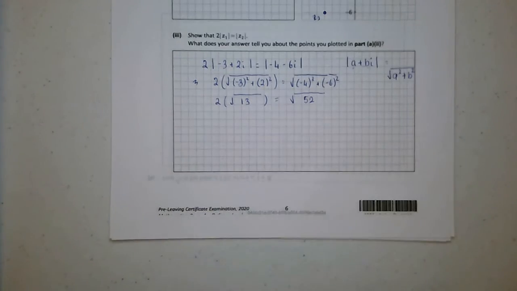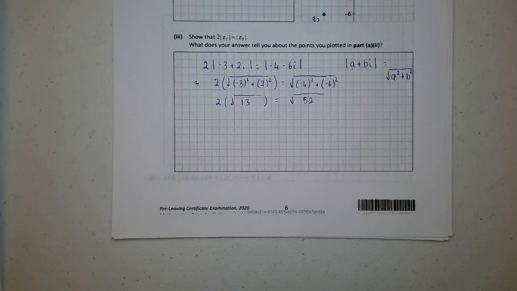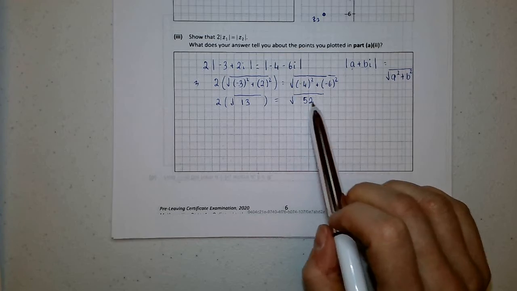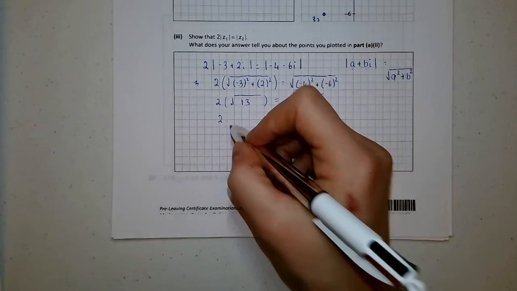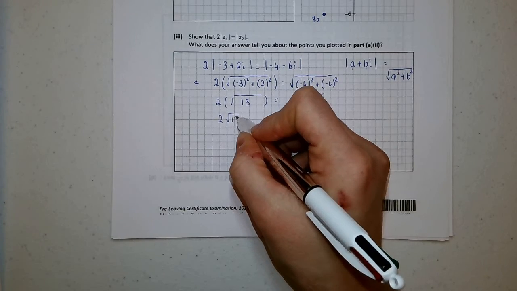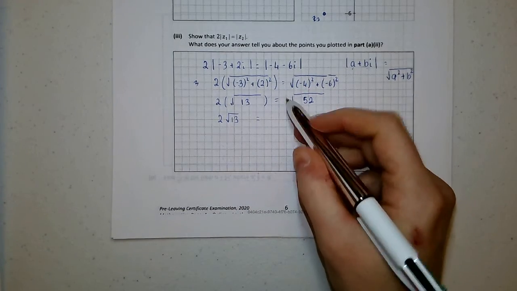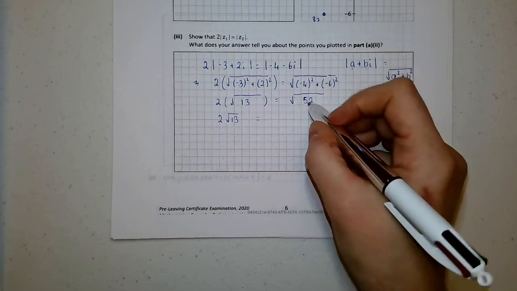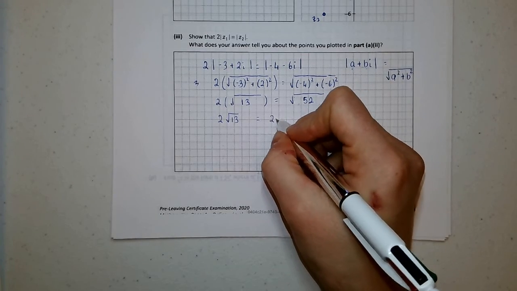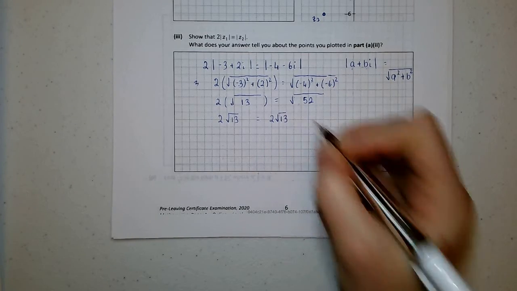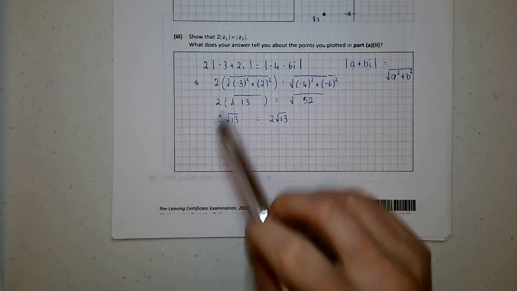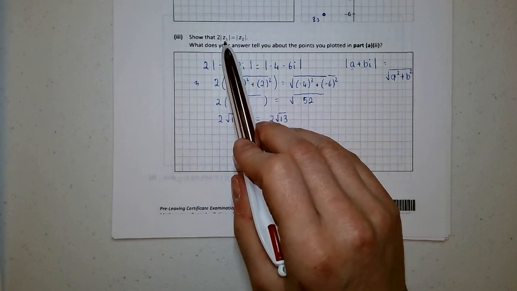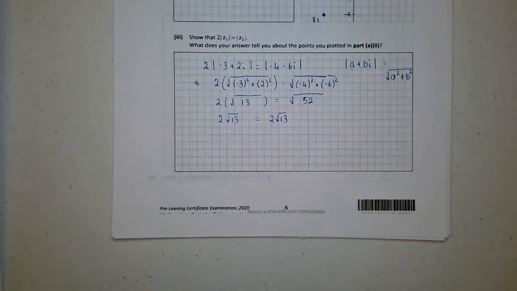Again, you can put this into your calculator. This can be simplified to 2 root 13. So as you can see here, we've shown that one side is equal to the other, and so we've shown that twice the modulus of z1 is equal to the modulus of z2.